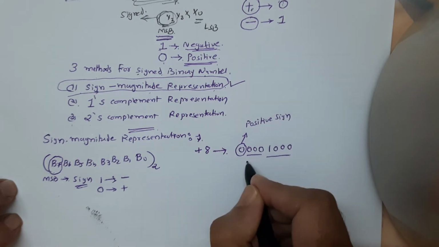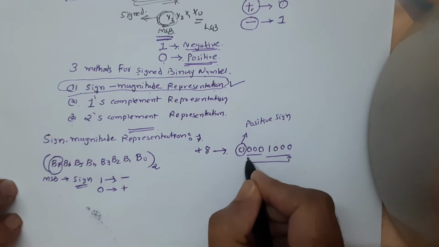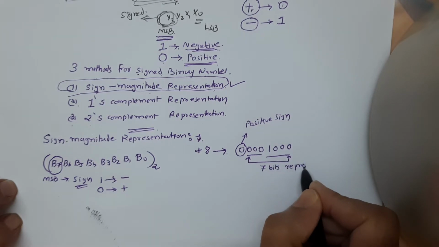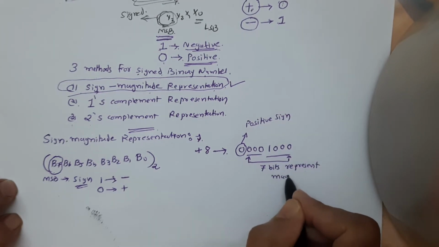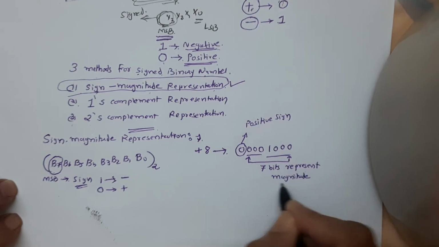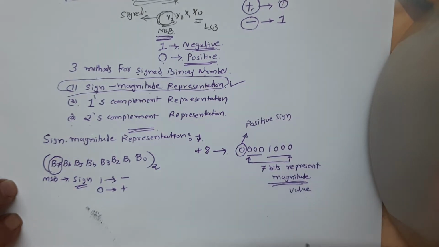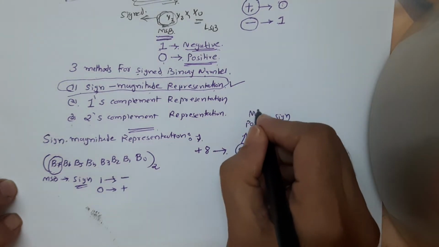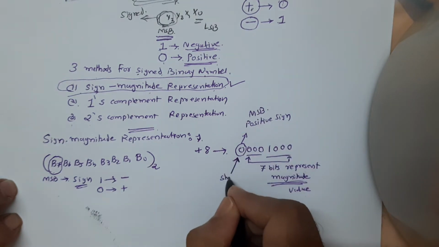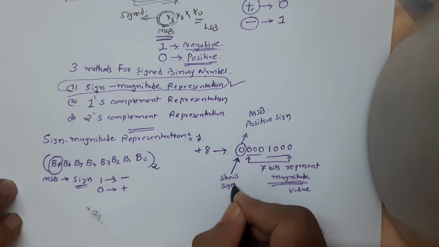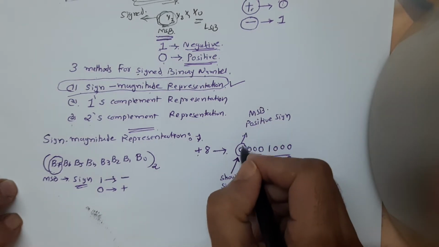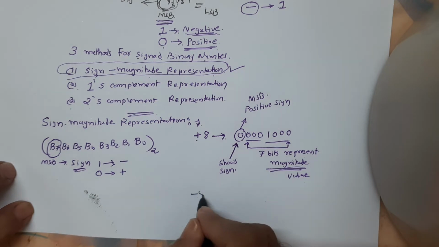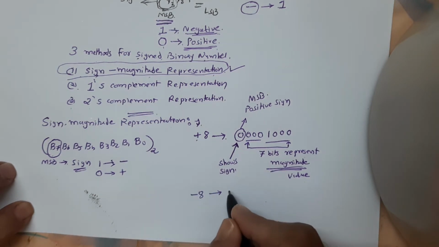Then 0, 0, 0, and the most significant bit 0 shows the positive sign. These 7 bits represent magnitude, that means value. And the 8th bit, the most significant bit, MSB, shows the sign. This is your positive sign, so I write here 0. If this is your negative 8, then it represents 1.